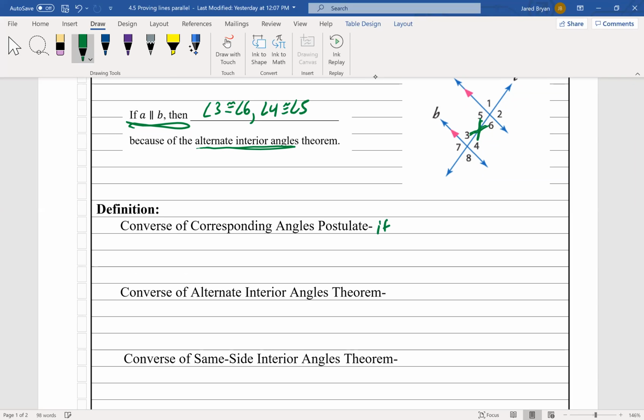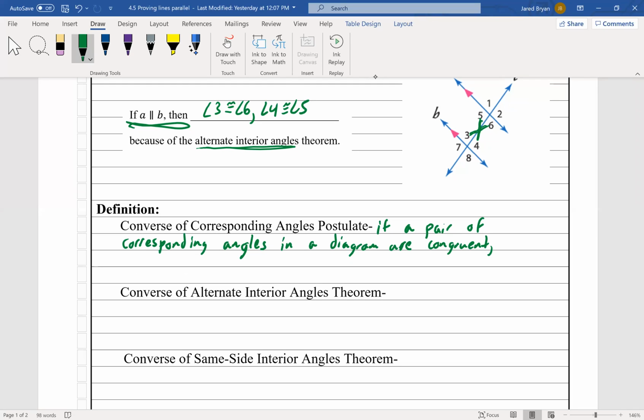It says if a pair of corresponding angles in a diagram are congruent, then the lines are parallel. When I say in a diagram, I mean the diagrams that we've been working with, two lines cut by a transversal.